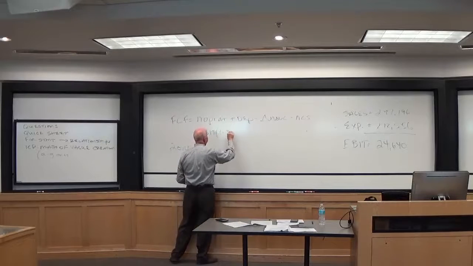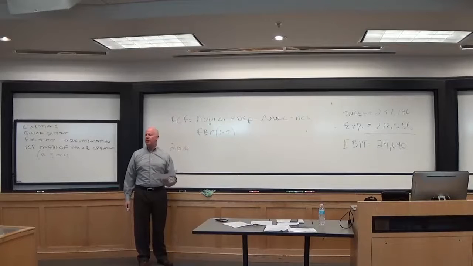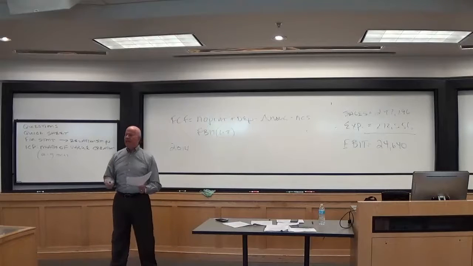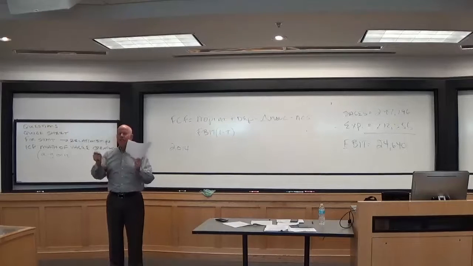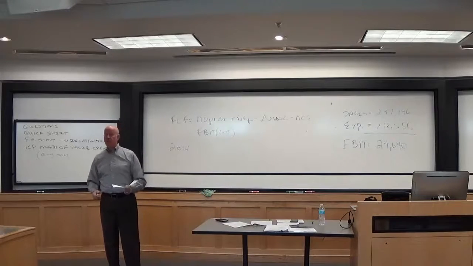I'm going to do 1 minus a tax rate to get it to NOPLAT. I don't see a tax rate on here. Do you? No. And I'm not going to take the time at the moment to take that value for EBIT and plug it into my financial calculator. I think I've shown you how to do that. When I say financial calculator, I mean the spreadsheet that I've designed for you that can help you calculate taxes. It's online. You've seen it.